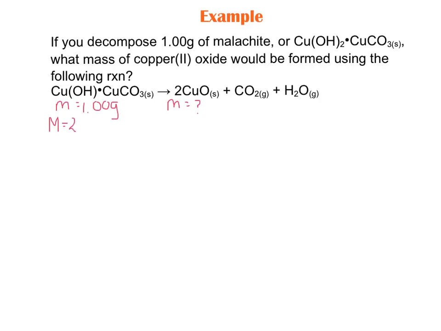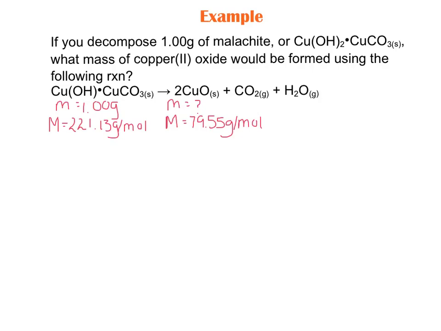So this one is 221.13 grams per mole. And this one is 79.55 grams per mole. I'm only going to calculate the molar masses for the compound I'm given information about and the one I'm asked for.